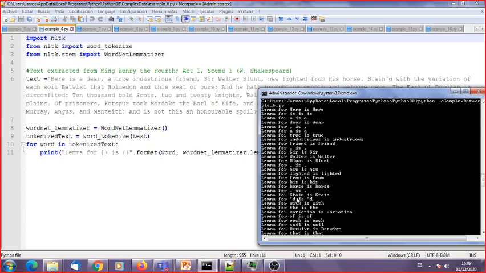Also, you have to keep in mind that these tools in natural language processing are not always 100% accurate. They make mistakes. I think it's a mistake of the tool because the lemma for "is" should be "be" instead of "is".